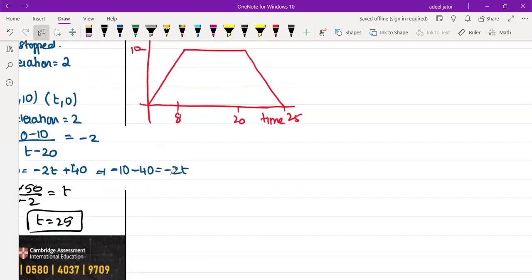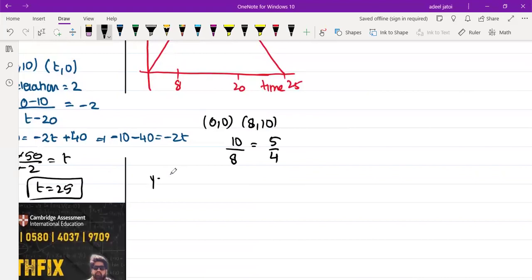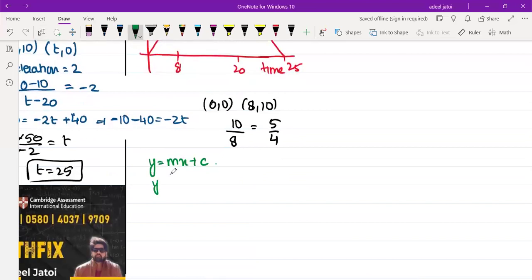So let's find the gradient between 0, 0 and 8, 10, which means 10 upon 8. So 5 upon 4 becomes the gradient. Your equation of line is y equals mx plus c. Remember, y minus y1 equals m(x minus x1) is not used in your O levels math syllabus. So y equals 5 upon 4 x plus c.